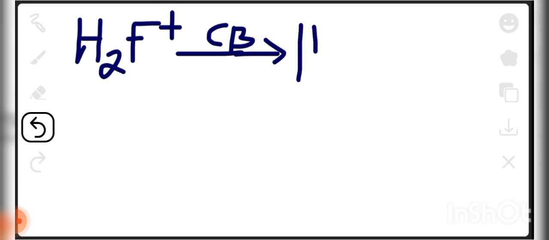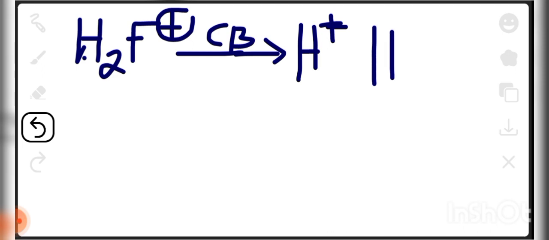If you remove H plus from here, what will be left? We have 2 H already. You have removed one of the H and this plus sign here. Look at the plus here, it's already gone. So the leftover now will be another H, because we have two of them. So we still have another H, then F.